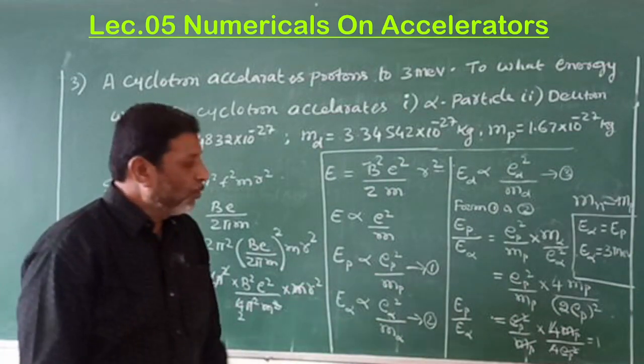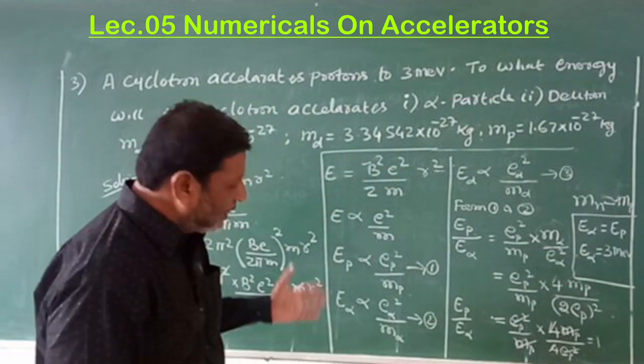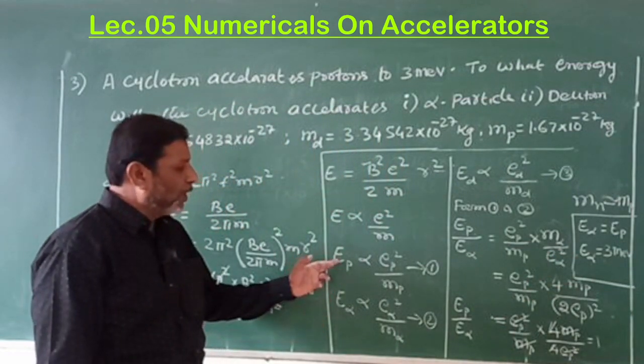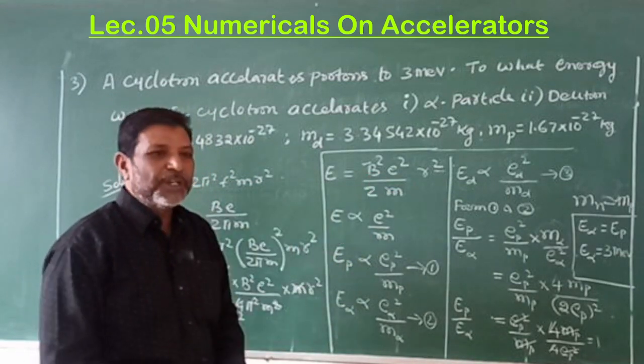This is the way how we can calculate the energy of the alpha particle. In the same manner, by using relations 1 and 3, you can calculate the energy of the neutron.